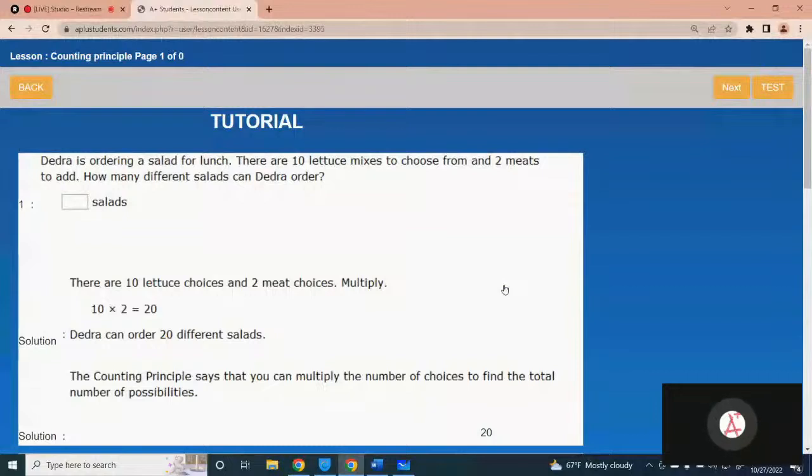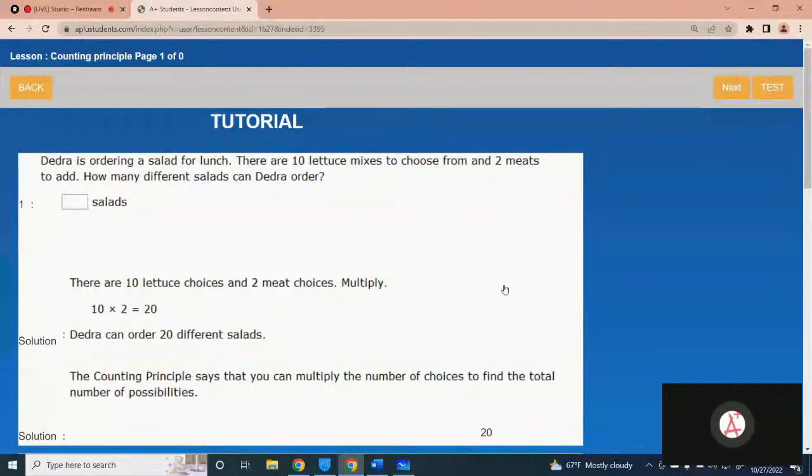So the total lettuce choices are 10 and 2 of them are the meat choices. So for the total choices, you have to multiply the given choices. 10 times 2 is 20. That means she can order 20 different salads. Got it? So the counting principle says that you can multiply the number of choices to find the total number of possibilities.